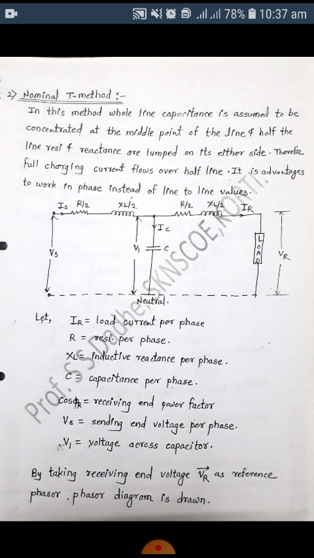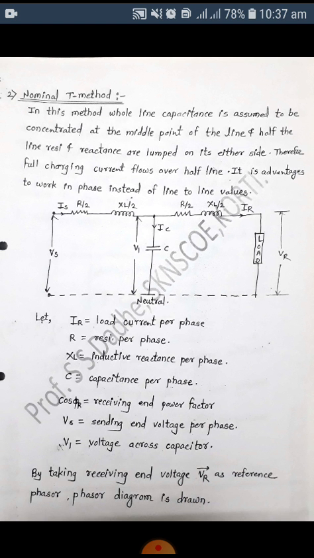It is always advantageous to work with phase quantities instead of line values for the analysis of line. So friends, let's consider some parameters of the line for the analysis.